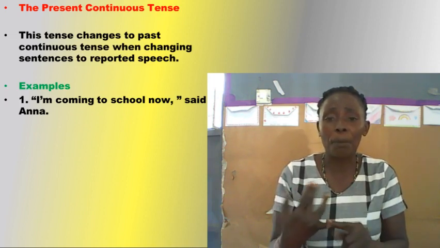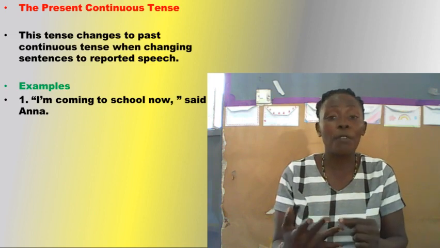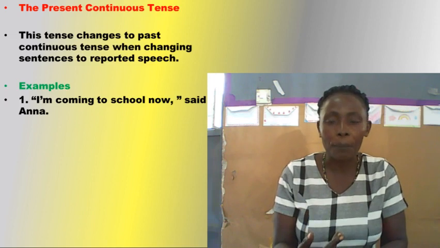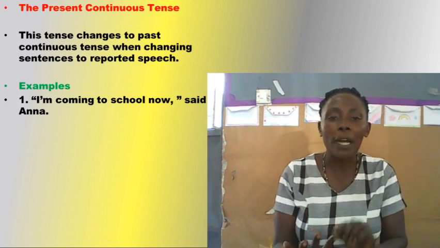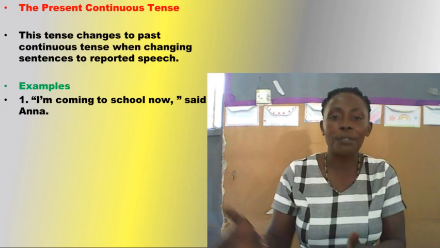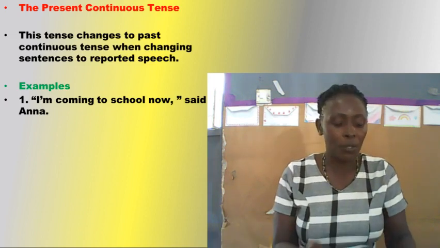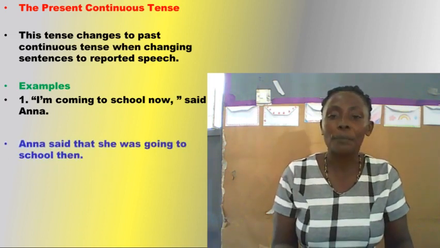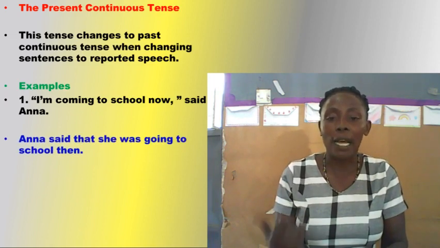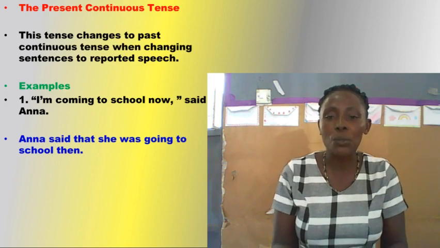Take note of the pronoun I, the helping verb am, the main verb coming, and the adverb of time now. We took you through all those, how they change from direct to indirect speech. So the answer has to be, who said these words? Anna, for your reporting. Anna said that she was going to school then.